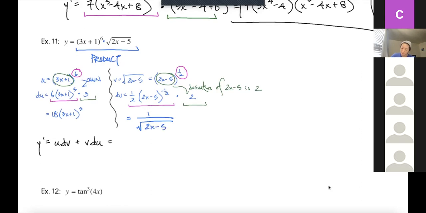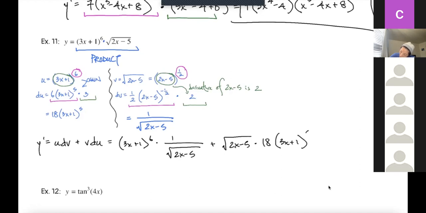But if we just plug everything into the formula now, we're going to have u times dv plus v times du. That's just plugging it in.